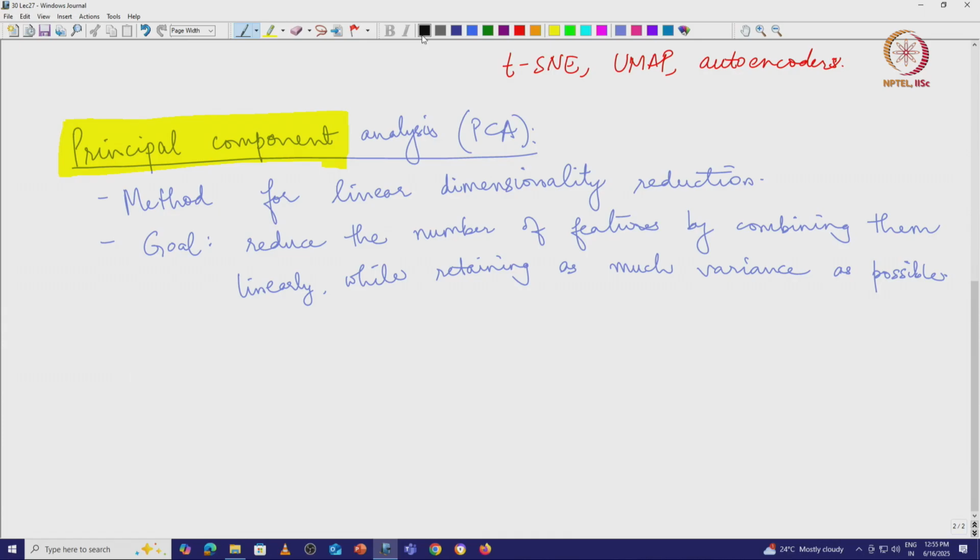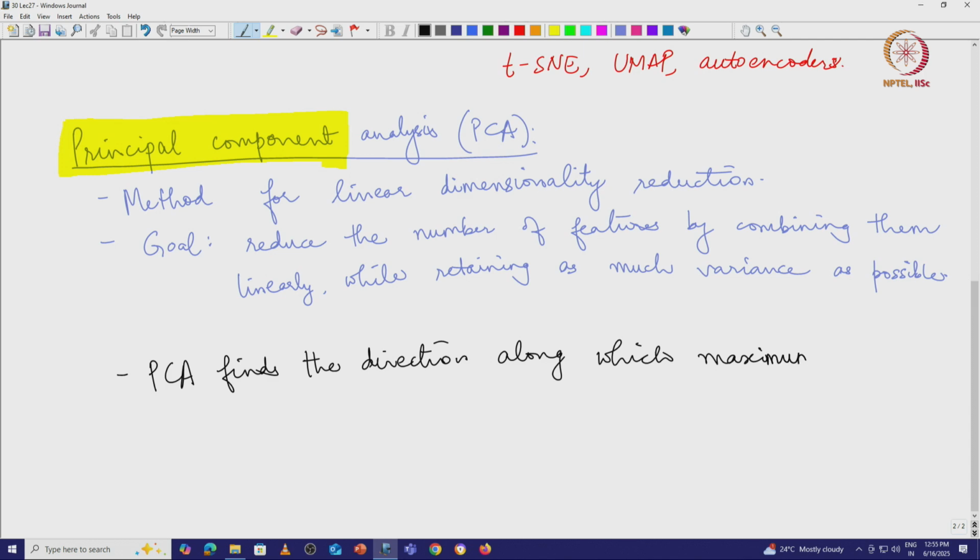So, what PCA does is that PCA finds the direction along which maximum variance exists, and this is called the first principal component.